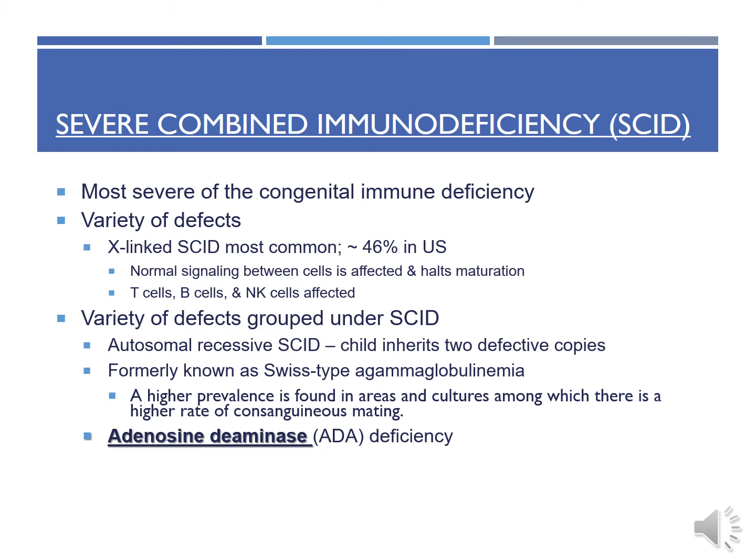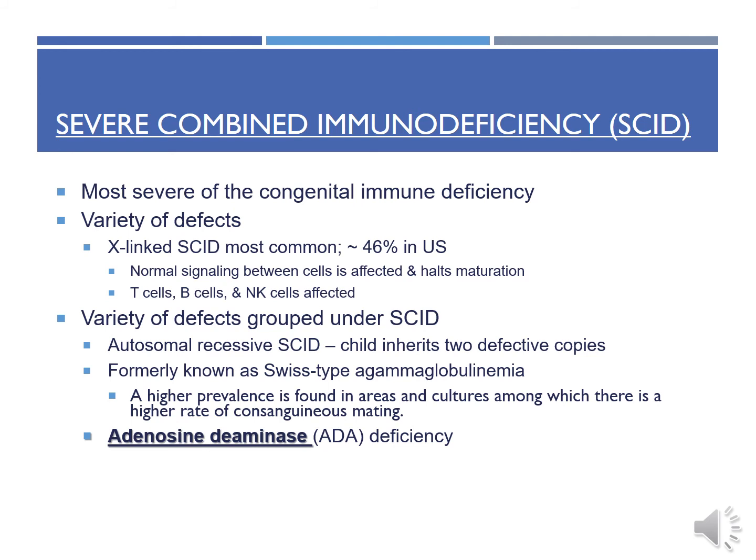Also, adenosine deaminase or ADA deficiency. ADA deficiency is similar to PNP deficiency, where toxic metabolites of purines accumulate in the lymphoid cells and impair the proliferation of both B and T cells.